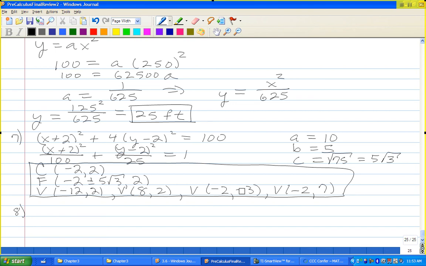Then, to figure out the vertices, you add 10 to the x coordinate and subtract 10. That's why you get a negative 12 here, and negative 2 plus 10 is 8. For the y, you add 5 and subtract 5. You subtract 5 here, so you get a negative 3. You add 5 here, so you get a 7.